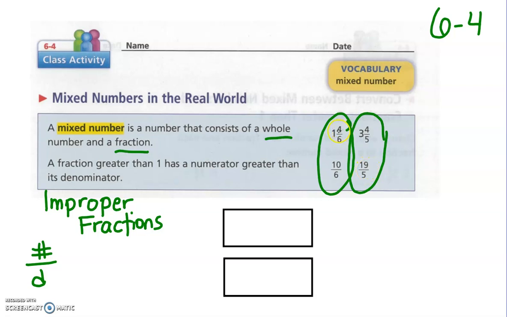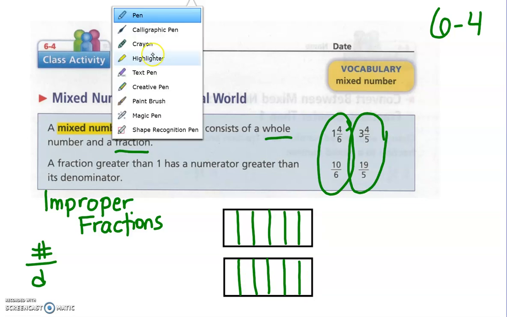So let's look at 1 4/6 and 10/6 to start. I'm going to take this box and we're going to imagine that these are a candy bar. So I'm going to eat 1 full candy bar, but the denominator tells me that it has been cut into 6. So I'm going to go ahead and cut my candy bar into 6 equal-ish pieces. And then I also had a second candy bar, but this time I only ate 4 out of those 6 pieces.